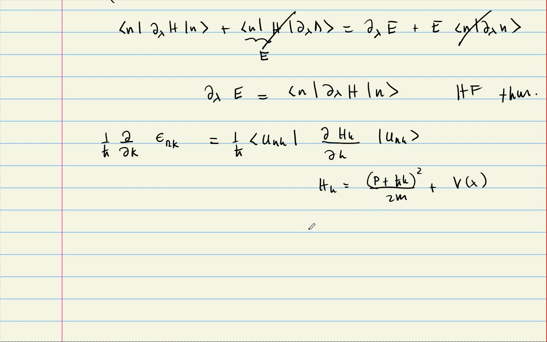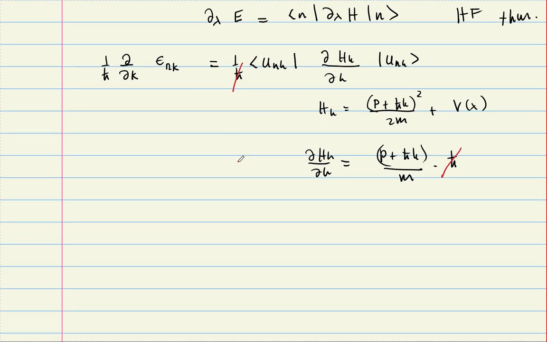Let's take the derivative. Del H k del k is going to be equal to 2 will come in front. It's going to be p plus h bar k over m. But there's one more h bar, so that's the derivative, and this h bar is going to cancel this h bar.